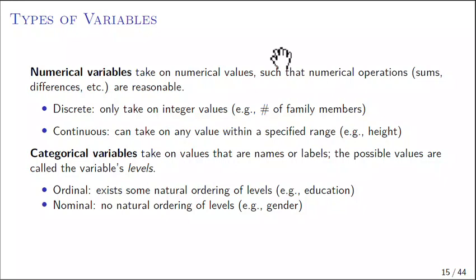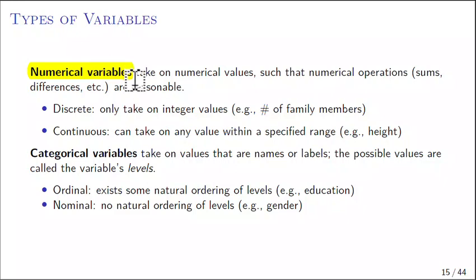The first one is the so-called numerical variables. Numerical variables take on numerical values such as blood pressure, which we were talking about just now, weight, and height. They are real, meaningful values.